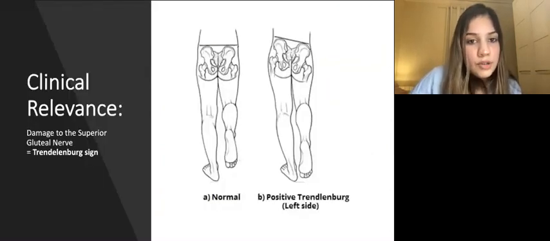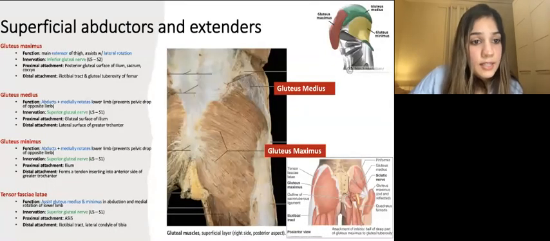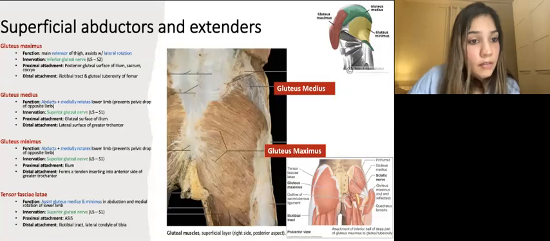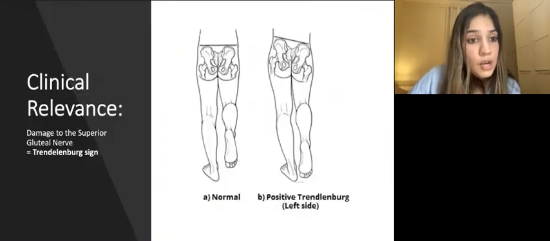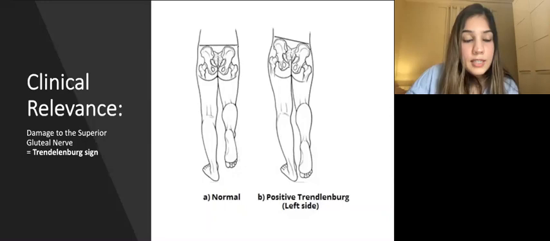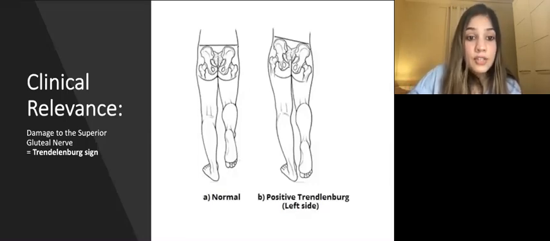So as I mentioned before, the main function of the gluteus medius and the minimus is to help prevent the pelvic drop of the opposite limb. And they're both innervated by the superior gluteal nerve. So in order to test whether these muscles are functioning and the pelvis is stabilized, you can assess the Trendelenburg sign.